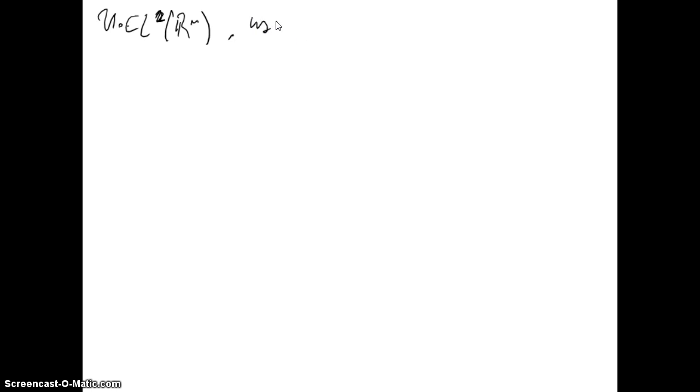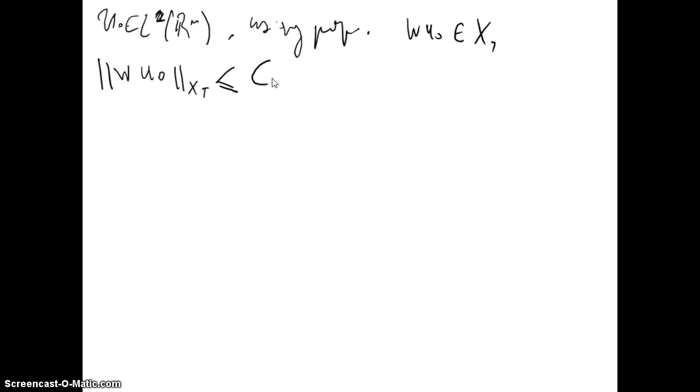Using the proposition, we've got that W(t)u naught is in X_t, and that the norm of W(t)u naught in X_t is less than or equal to a constant multiplied by the norm of u naught in L2.